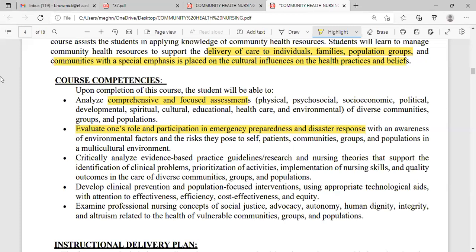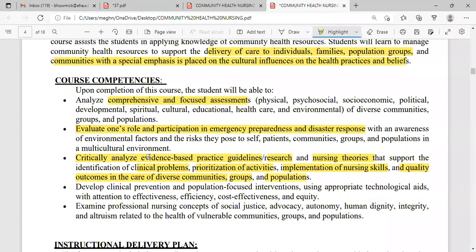So they said a good nurse can critically analyze evidence-based practice guidelines, research, and also nursing theories that support identification of clinical problems, prioritization of activities, and implementation of nursing skills and quality outcomes of care for diverse communities, groups, and populations.